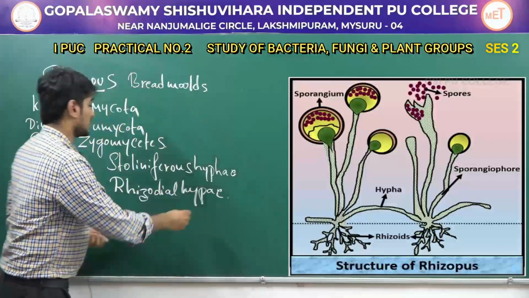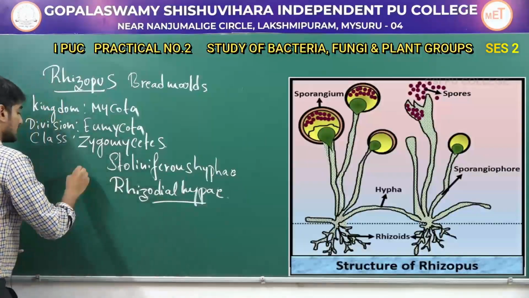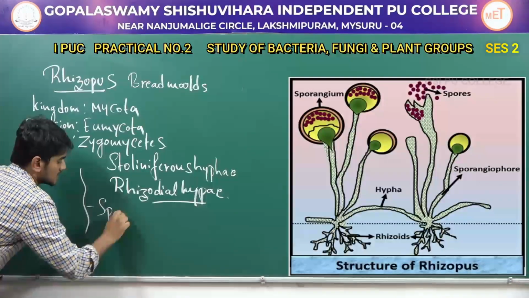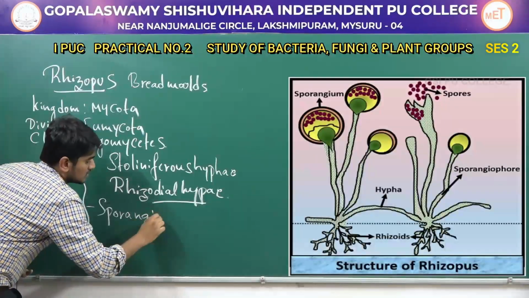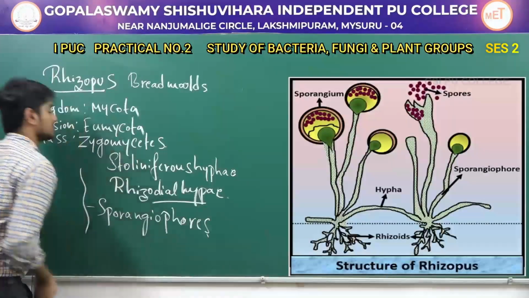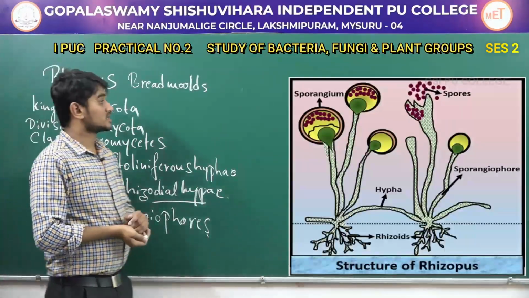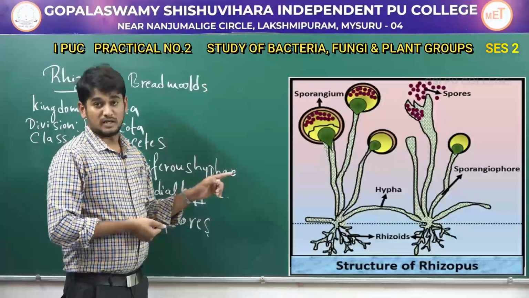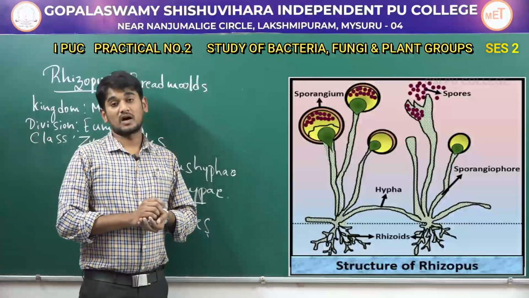The rhizoidal hyphae show vertical sporangiophores. In the picture of Rhizopus, you can observe that from the rhizoidal hyphae, a number of sporangiophores arise.